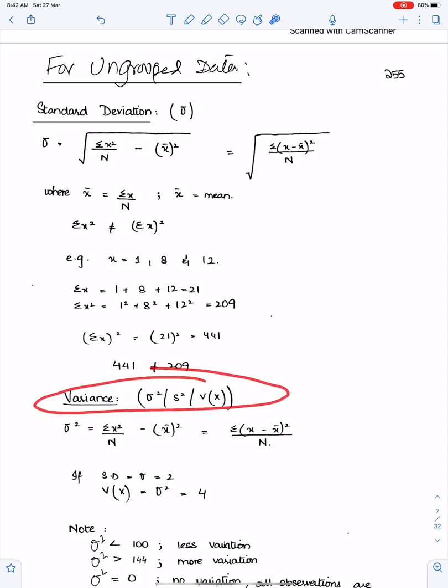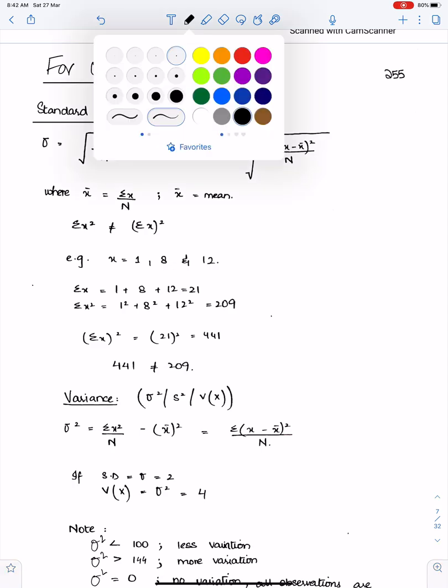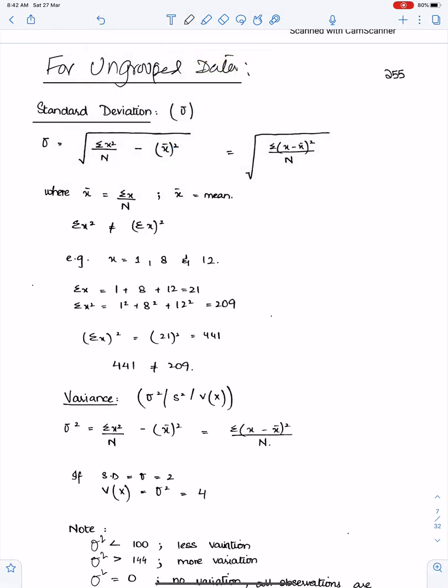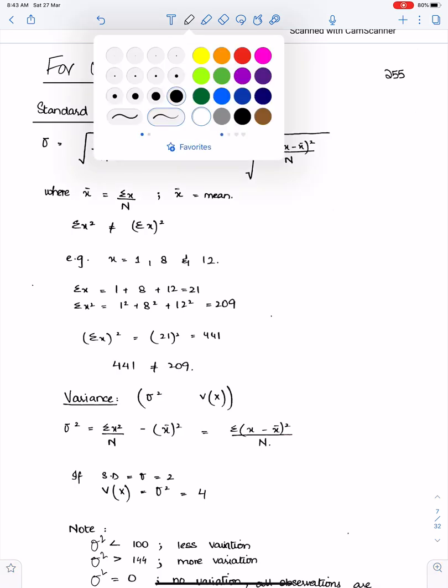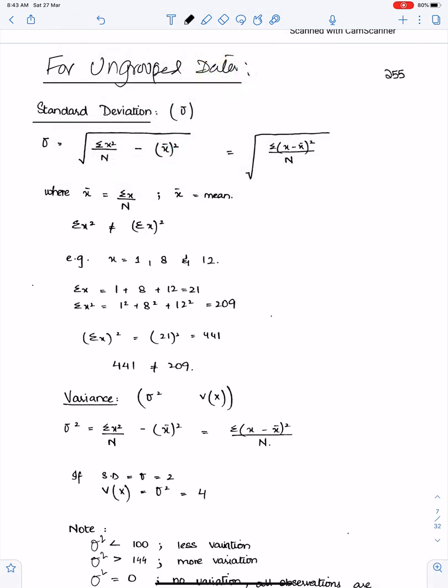Variance. Variance is denoted by sigma square or Vx. This x is capital. And these two formulas will be given in exam. If you observe these two formulas, you will see that the square root has been removed from them.